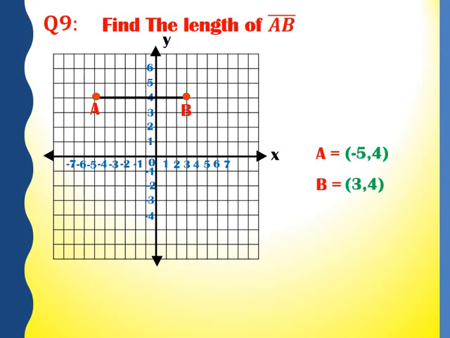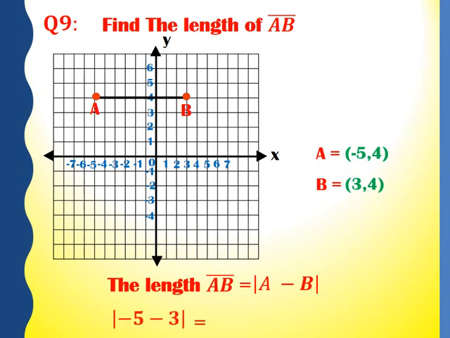Which coordinate changes here? The x coordinate. So the length of AB is the absolute value of negative 5 minus 3, which is the absolute of negative 8, giving me 8 units. And I can check my answer by counting the units.